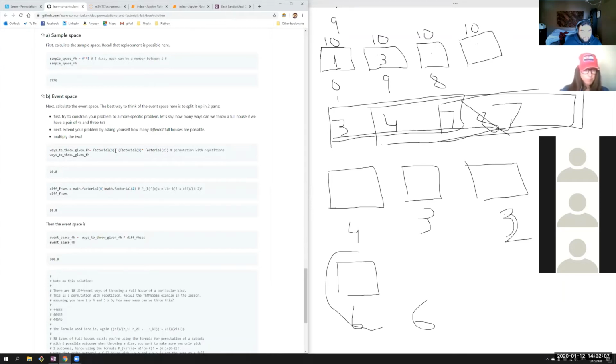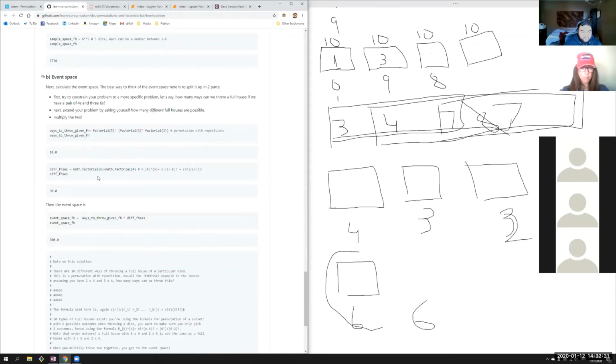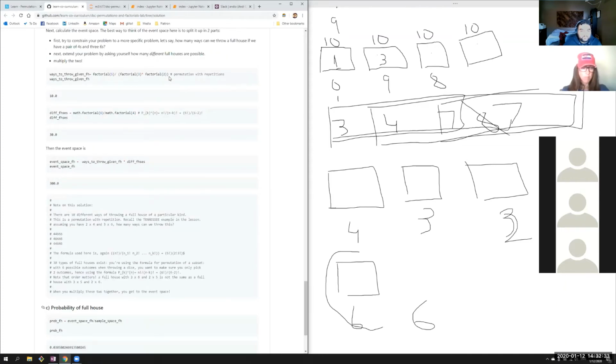It's with repetition, so that's the formula that we're using, right? Yes, okay. So factorial 5 would be all possible permutations of each individual digit, and then we're going to divide that by 3 factorial. All right, so we're just going to plug that formula in there.